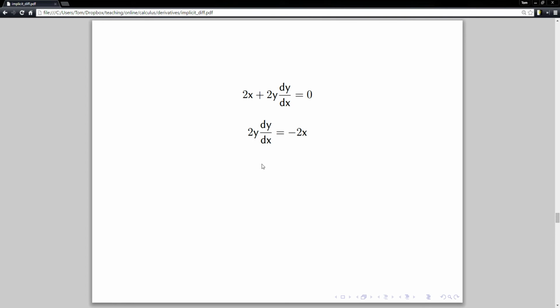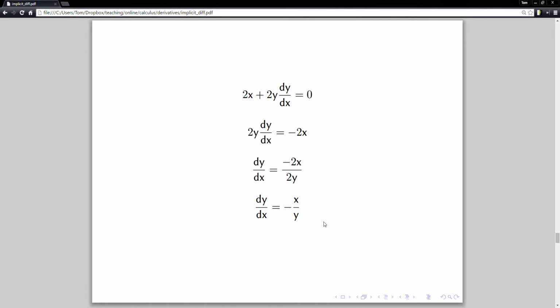So first we would add or subtract, and here we subtracted that minus 2x over. And now to get the dy dx by itself on one side, we would just divide both sides by 2y. Okay, and so that's what we would get. And then of course we can simplify that, and we get a formula for dy dx. dy dx is equal to minus x divided by y.